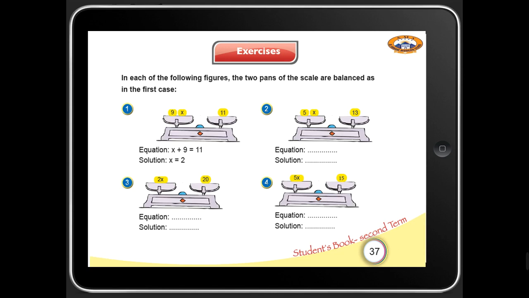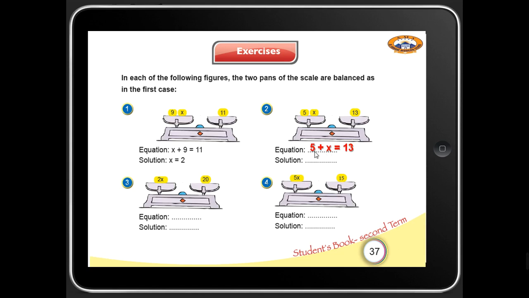He made the first one for us, so we're going to solve exercise number 2. Here, please look at the figure. We have 5 alone and x alone, like 2 balls or 2 balloons, each one separated from the other. So we're going to write the equation: 5 plus x equals the other side, which is number 13.